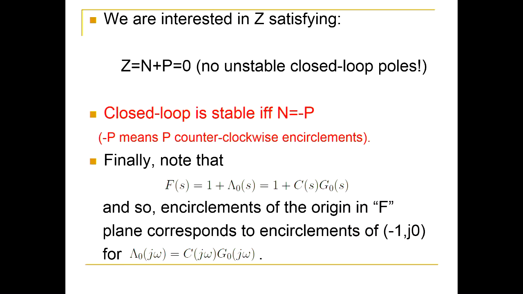Finally, note that these encirclements of the origin in the f-plane correspond to encirclements of minus 1 j0 for this curve. We already talked about this translation. Because of the 1 plus lambda 0, instead of looking at f of j omega and encirclements of its origin, we can look at encirclements of this point by lambda 0, because we just shifted everything by 1.